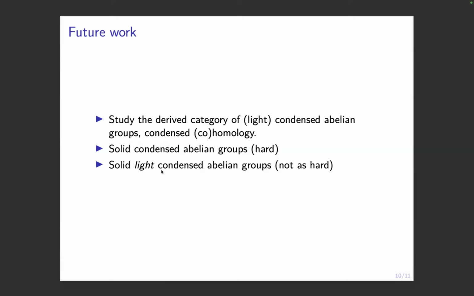My question is related to Johan's question. If I remember correctly, you mentioned one defect of light condensed sets, that they don't capture as many topological spaces, but there's another defect: not all the AB axioms that hold for condensed abelian groups hold for light condensed abelian groups, right? I think one of them is that only countable products are exact or something like this, right? Yes.